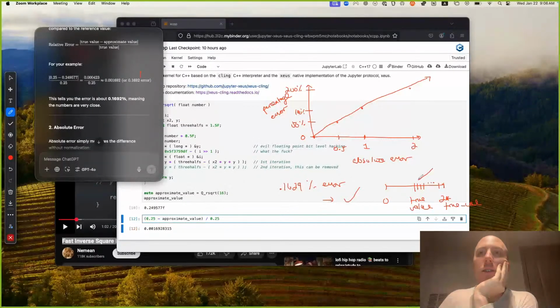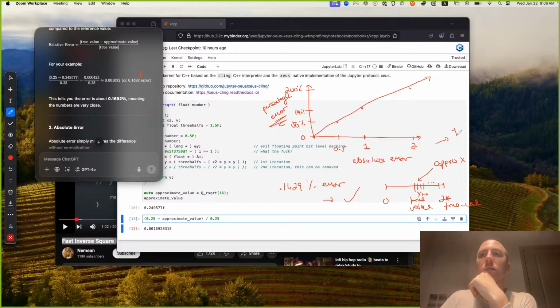Then if you're right here at the first one, which is the 1/100th, it's the true value plus 1/100th. This is your approximate. Then your percentage error would be 1%.